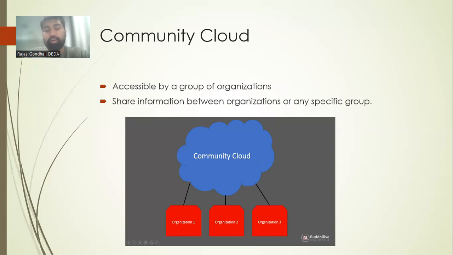After the completion of a certain process, the data will be uploaded from organization 1 to the community cloud. From there, the second organization will take it, process it, and then pass it forward to the community cloud, and then to the third, and thus the data is shared between only the three companies in our example.